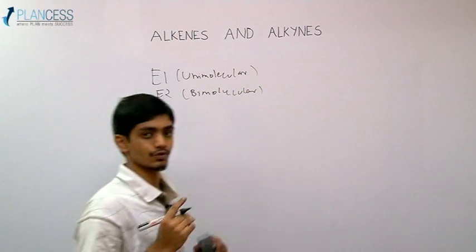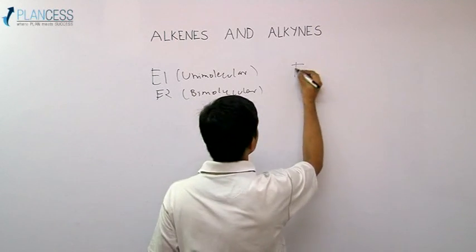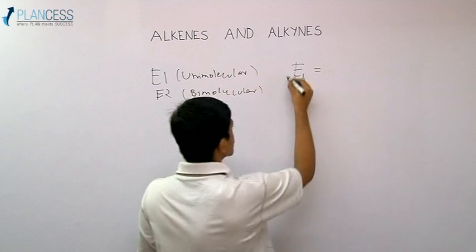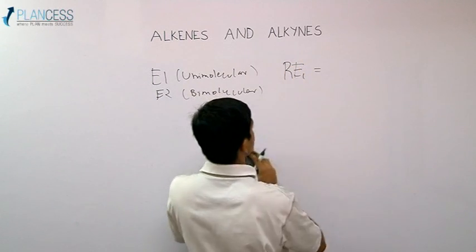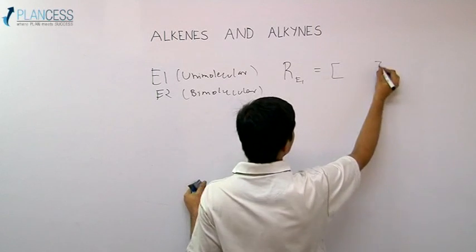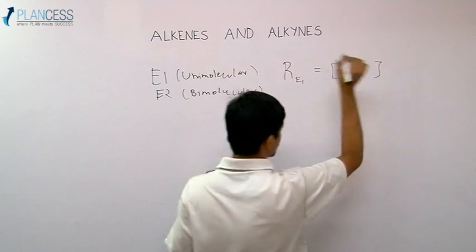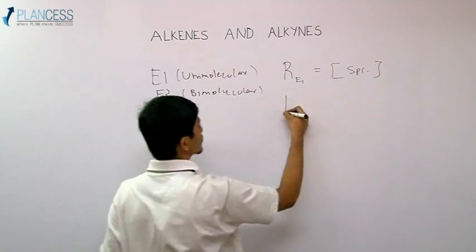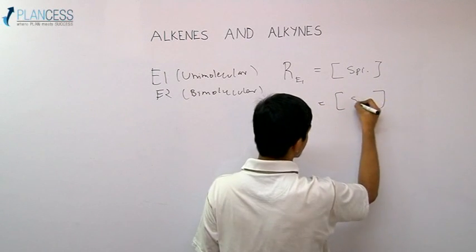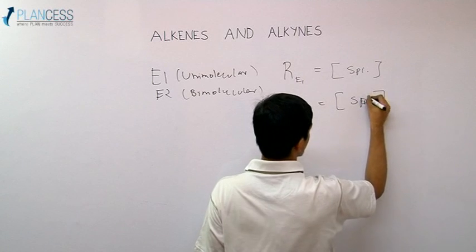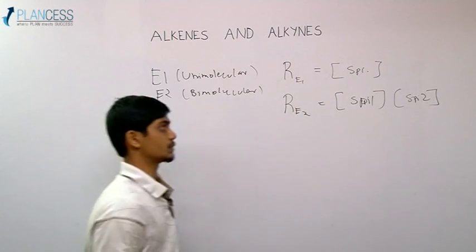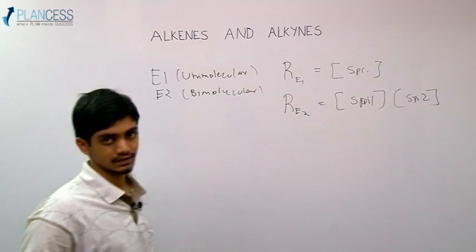The difference between these two reactions is that in E1, in the rate determining step, the rate of the reaction is determined by the concentration of only one species. But in case of E2, the rate is determined by the product of the concentrations of species 1 and species 2. This will be more clear when we study the mechanisms in detail.